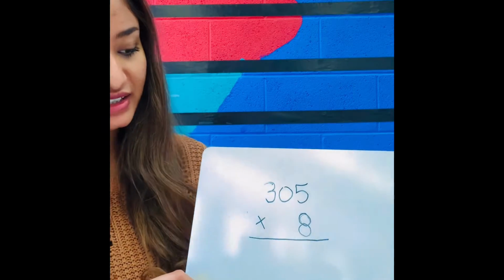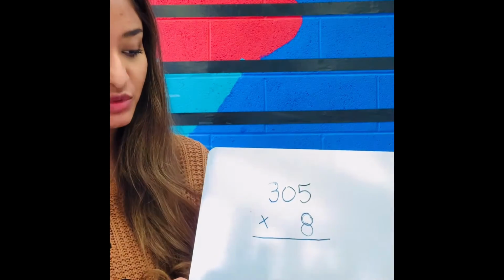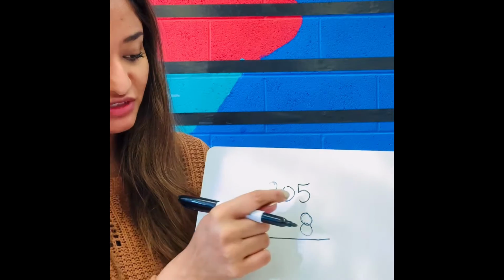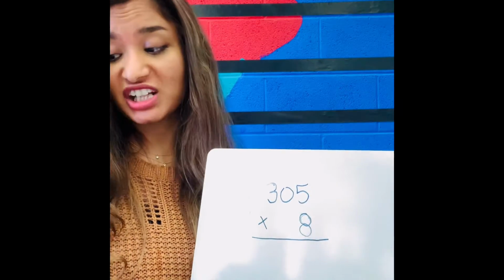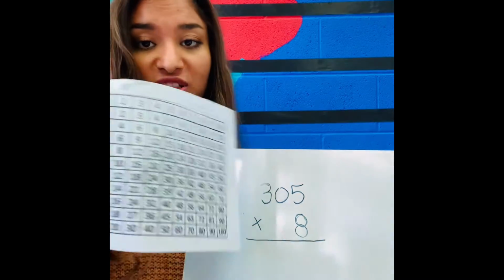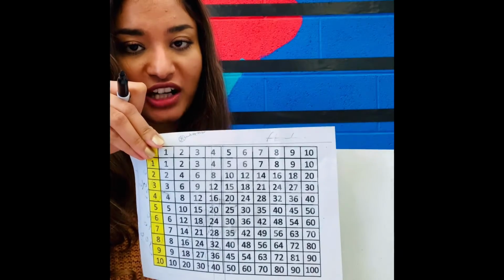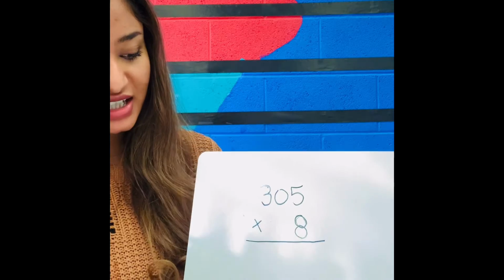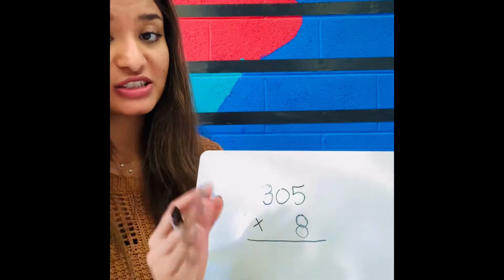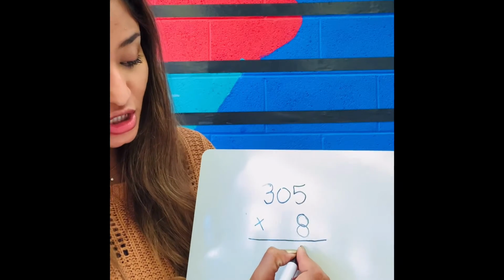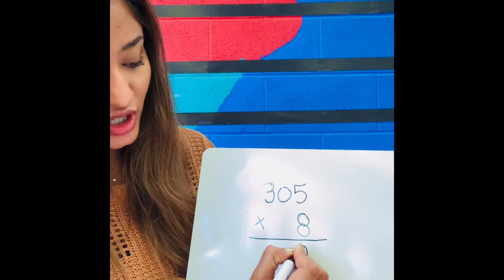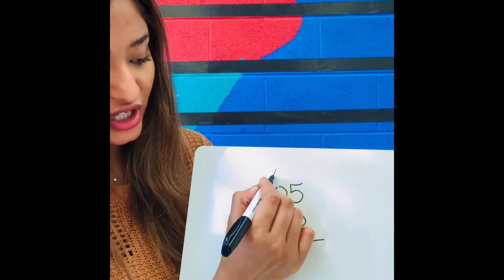And I go ahead and I say my 8 times table. So 8 times 5. If you do not know your times tables, that's okay. Use your multiplication sheet so you can use it. Go to 8 times 5 and you will see that 5 8s would give you 40, right? So I write my 0 at the bottom and I take my 4 at the top.